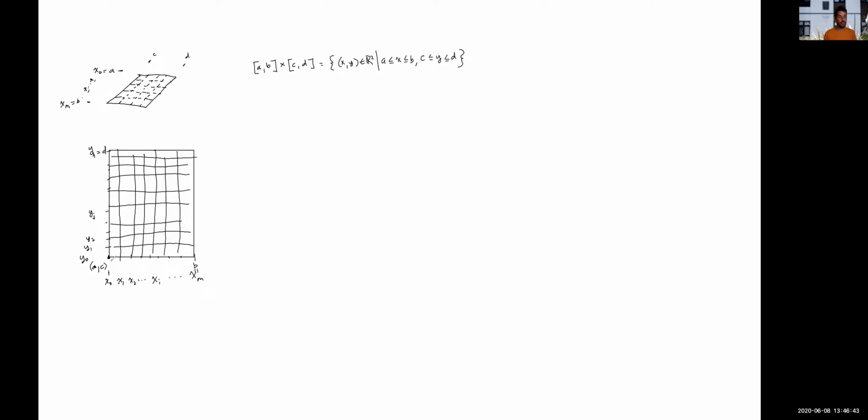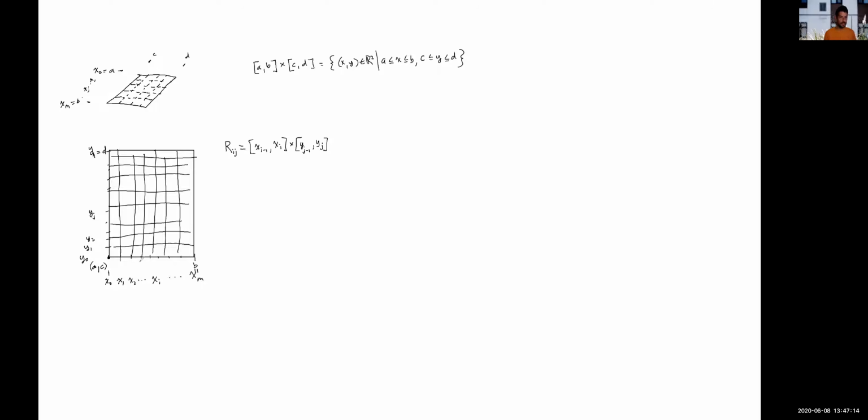So I can call each square, let's see, let's call a rectangle Rij is going to be the rectangle from x sub i minus 1, x sub i cross y sub j minus 1, y sub j.